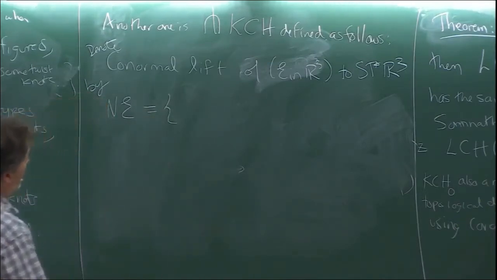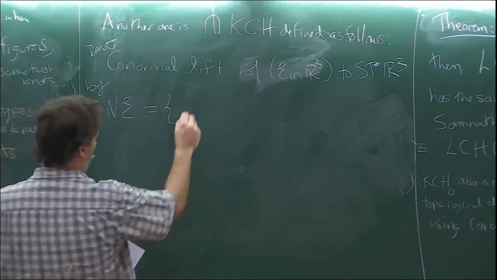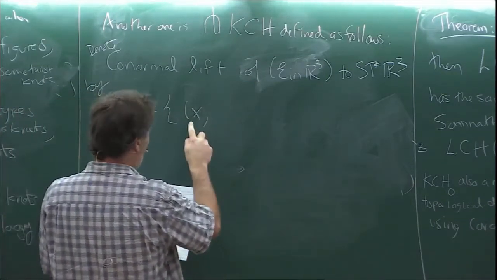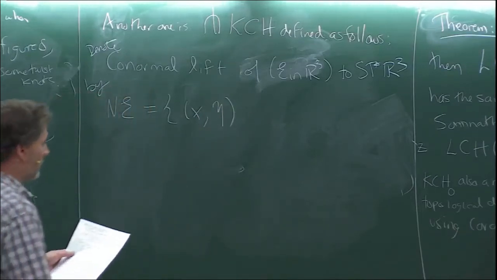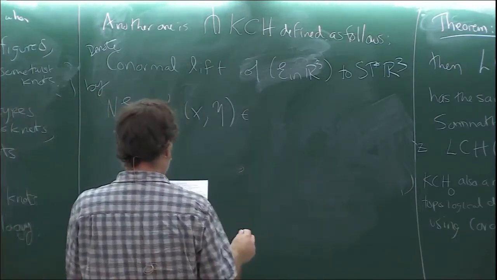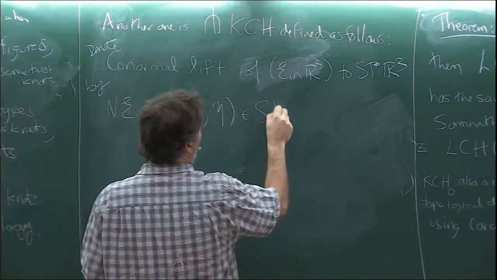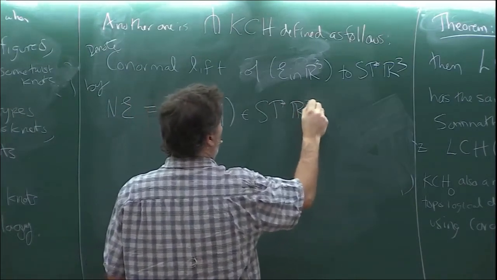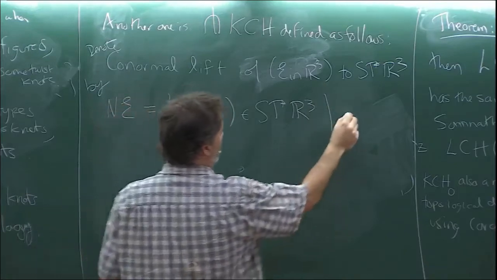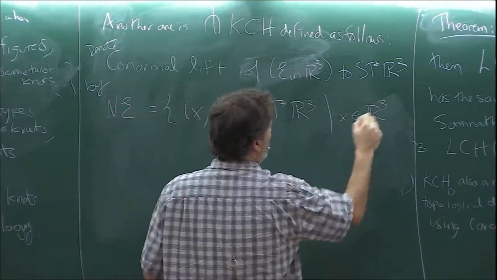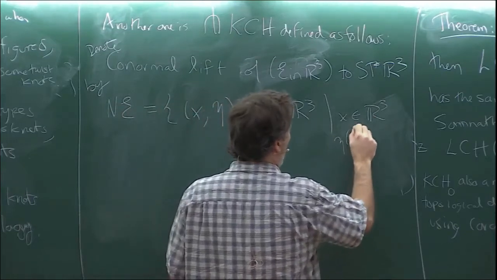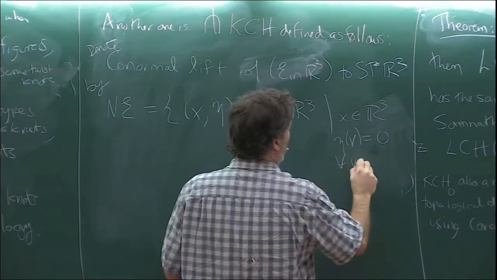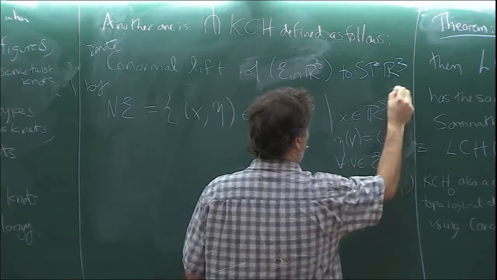We're going to do the same thing we did for a submanifold. We're going to look at all the points in this unit cotangent bundle. There's no submanifold, so x just has to be in R3, no constraint there. And eta has to kill all vectors in the contact distribution for R3.